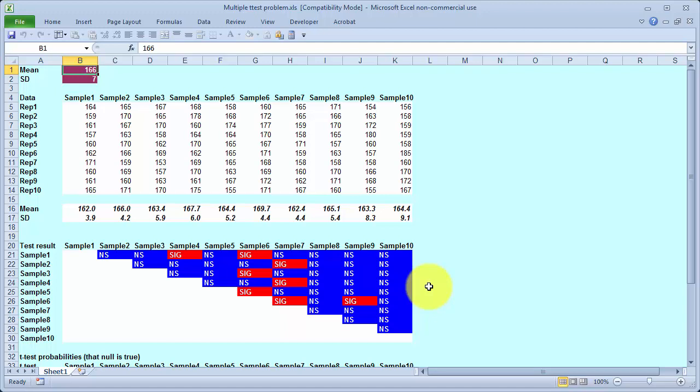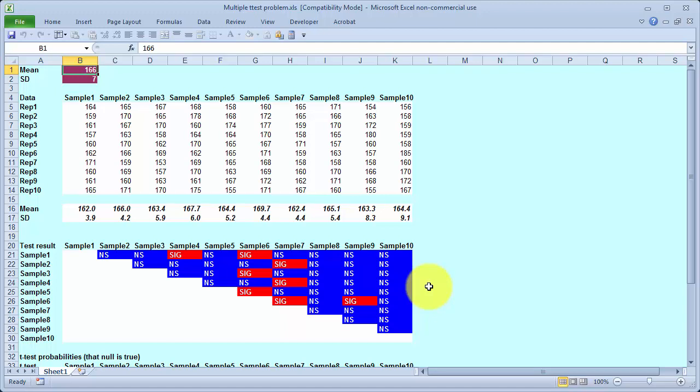What's the actual chance of making at least one mistake in this set of tests? Well, to do all the comparisons, there's a total of 45 tests. And so the probability of making at least one mistake is 1 minus the probability of not making a mistake in any of those 45 tests.